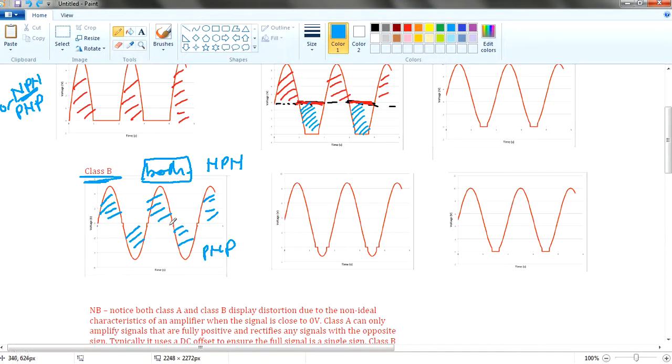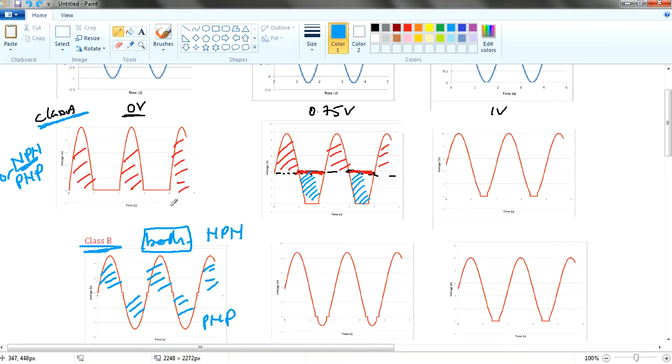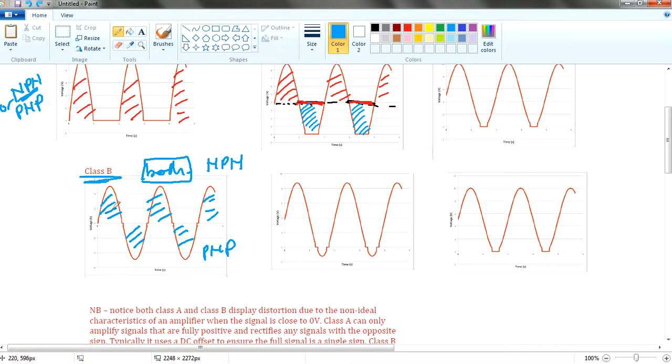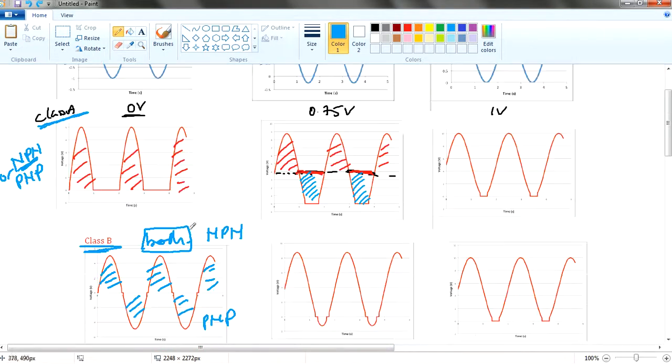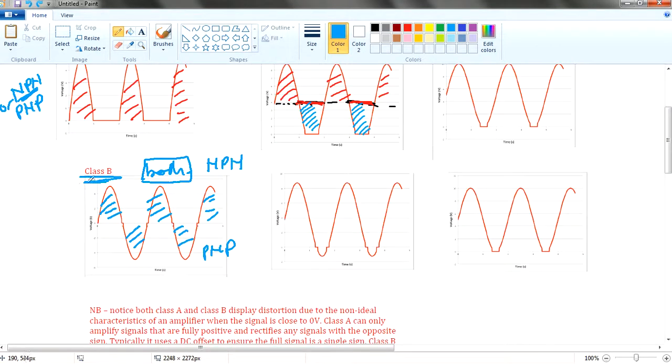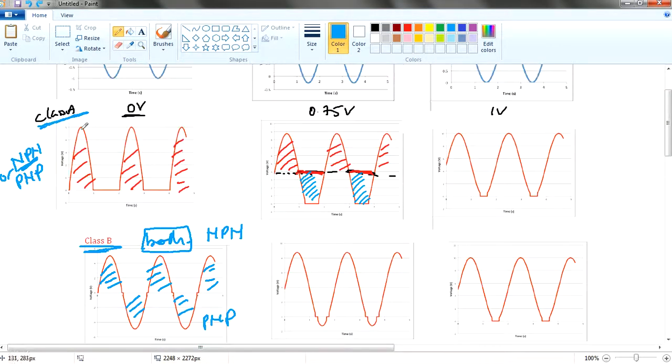Because as you can see, comparatively, when you have zero biasing voltage, class A can only output this amount. However, for class B, you can see that it outputs so much. You can output all these signals throughout, just that there's a little distortion. That's all. So comparatively, class B is more efficient than class A.